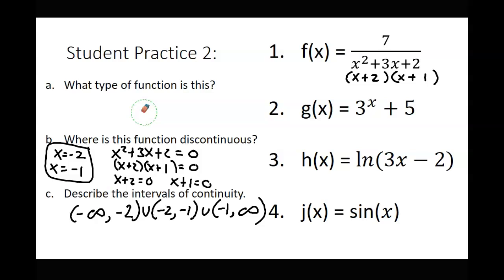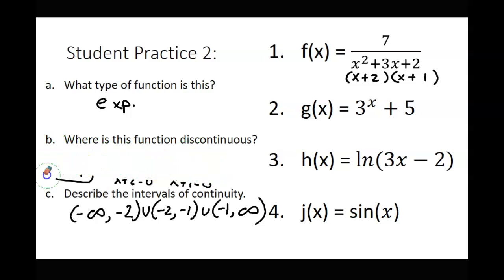Zarina, what kind of function is that? You're right. Andrew, what did you get for where the second one is discontinuous? It's continuous everywhere.